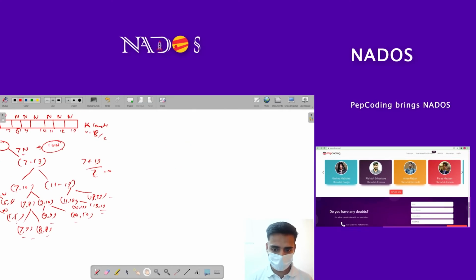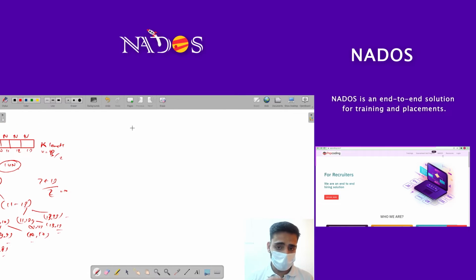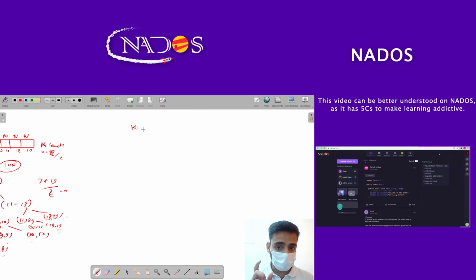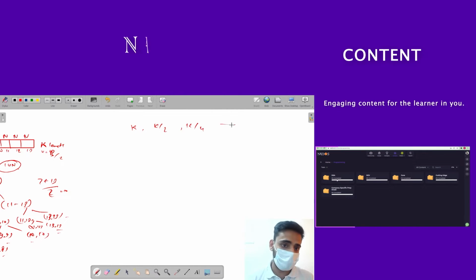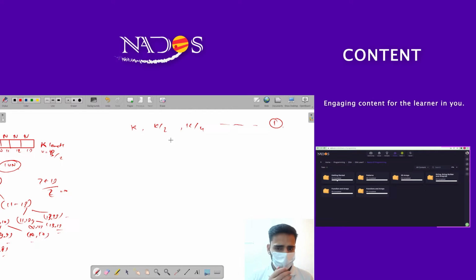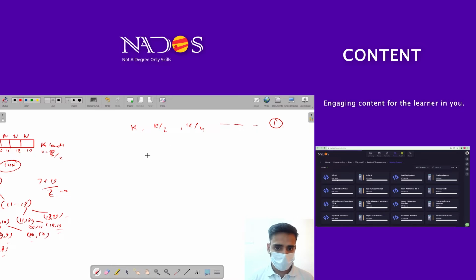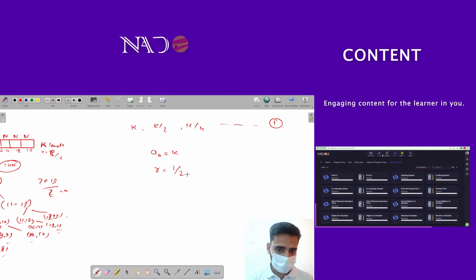We can see that the first time the length was k. After that the length became k by 2. After that the length became k by 4, and at last it became 1. So we can see a GP here, where the starting point is k and the ratio is 1 by 2.